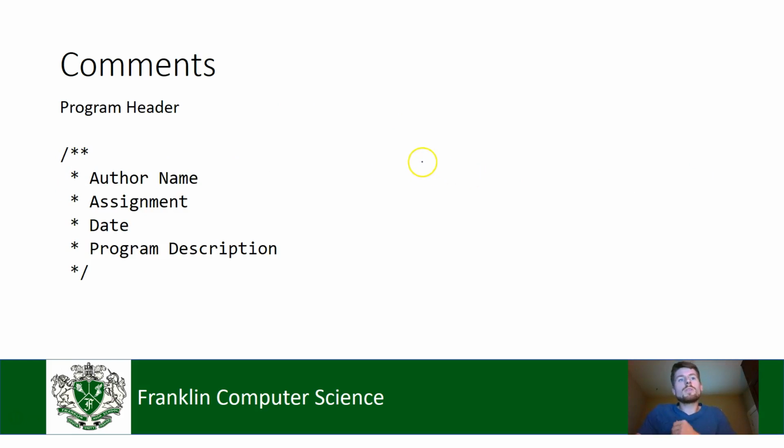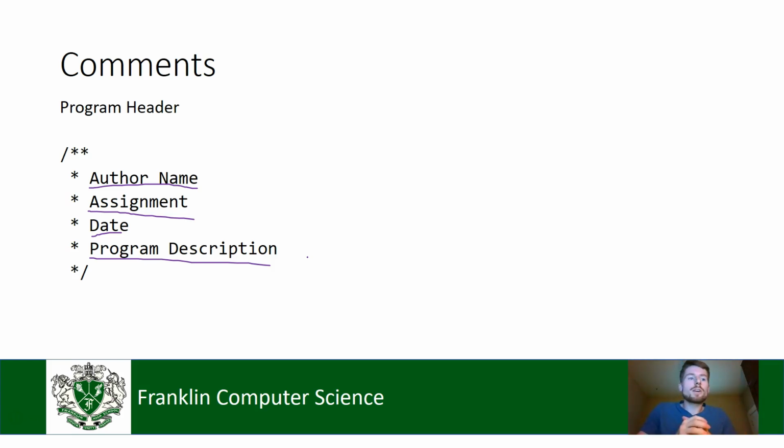And a multiple line comment might look something like this. This is also called a program header. You might have your author name at the top, followed by the assignment title, date, and a description of what the program does. These are all different ways you could comment your code.